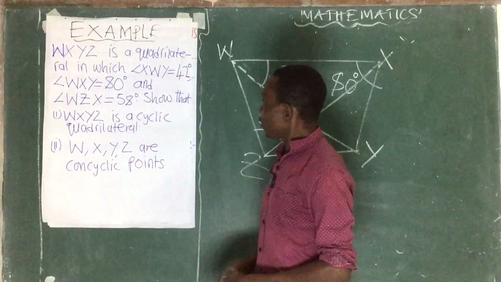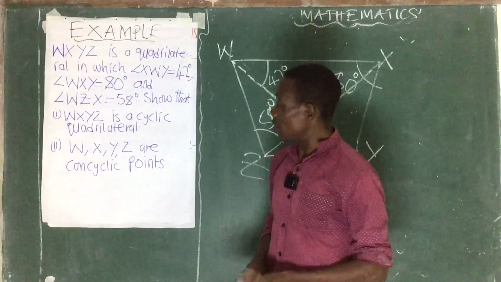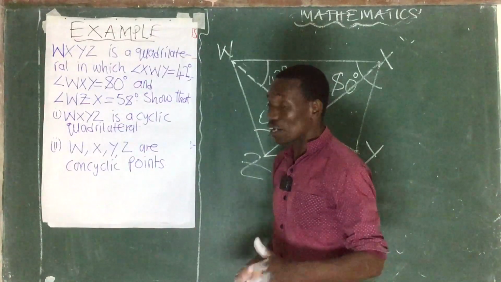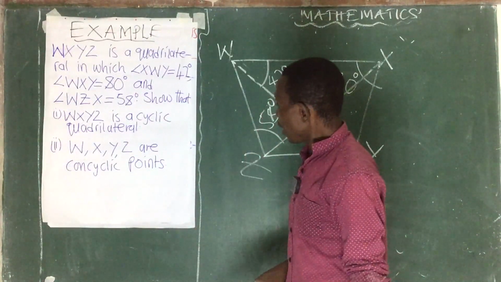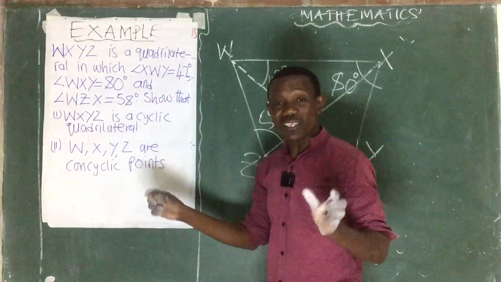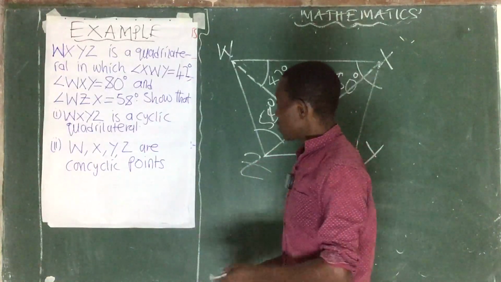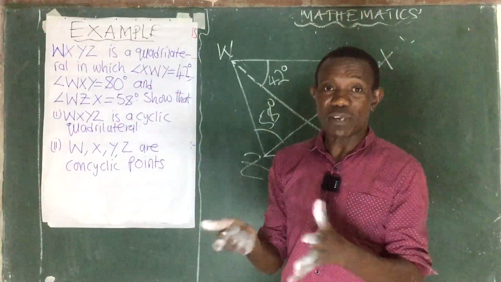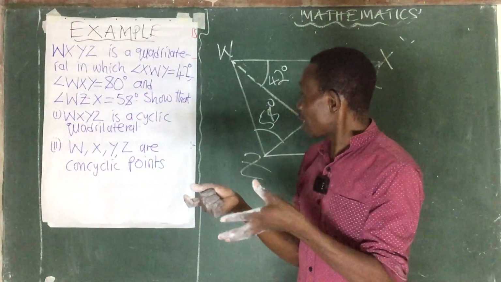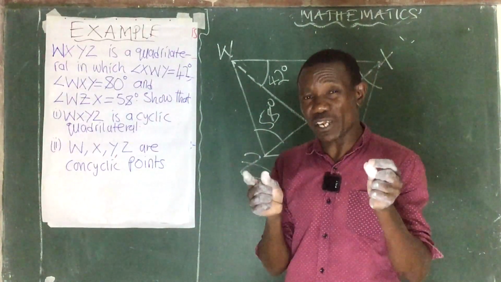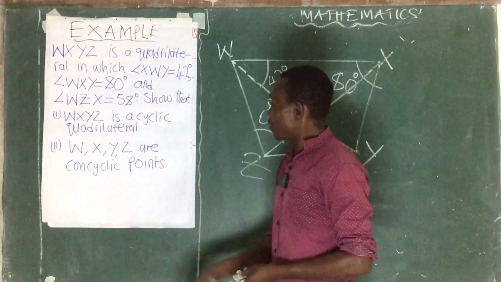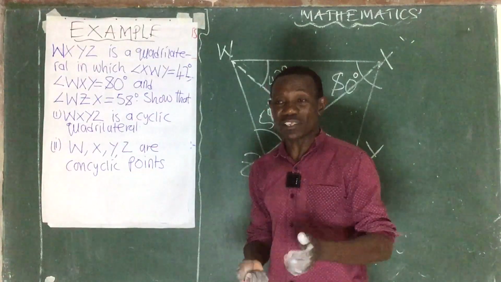From our discussion, if I need to show that points are concyclic, first of all, we need to prove that the quadrilateral made from those points is cyclic. So when you prove that the quadrilateral is cyclic, then the points are concyclic.